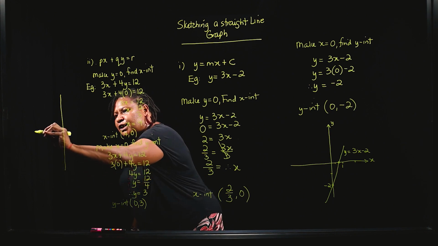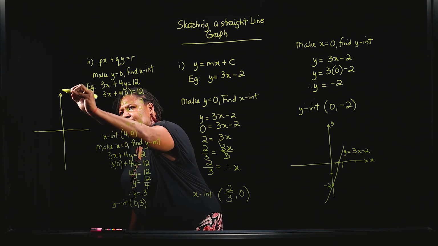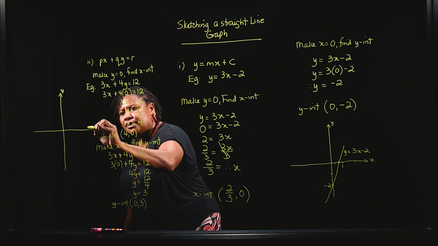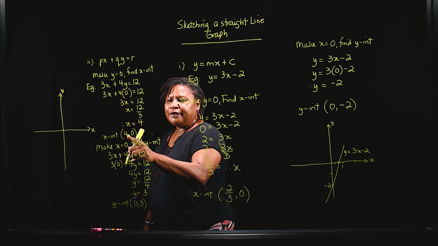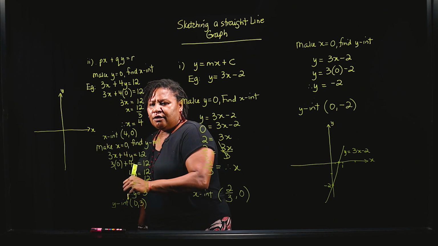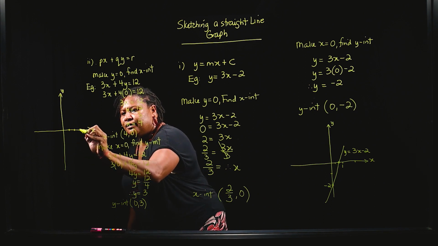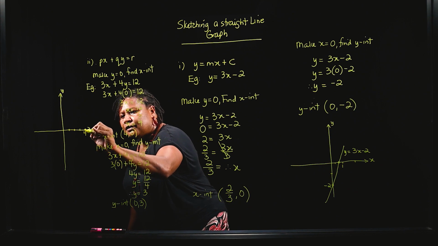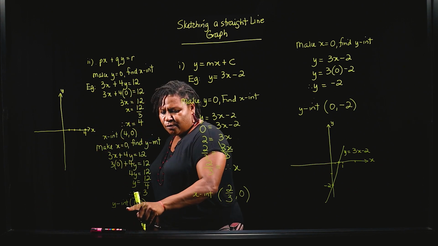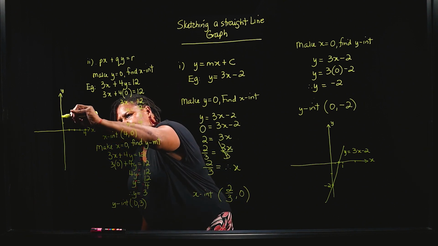Like I mentioned before, it does not need to be perfect. It is a simple sketch. Okay? So we have the first point, which is (4, 0), our x-intercept. And then our y-intercept is (0, 3).